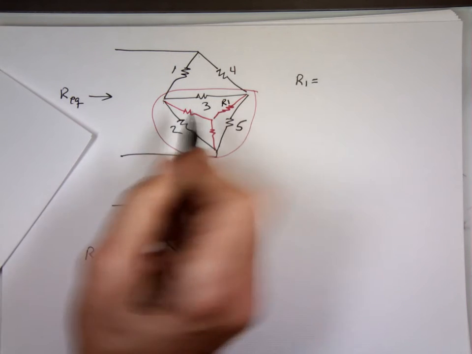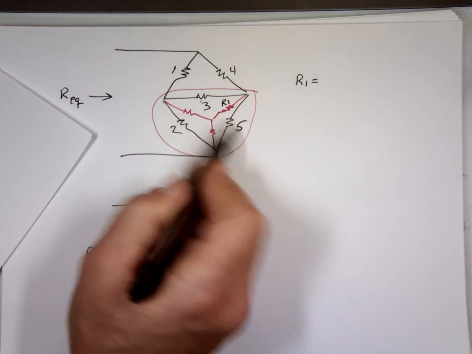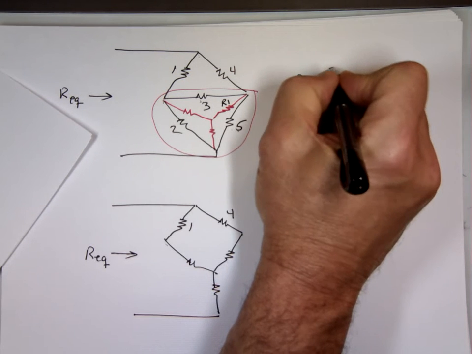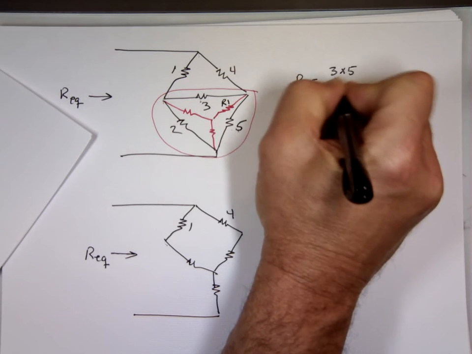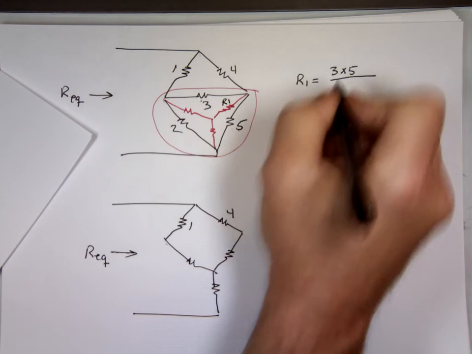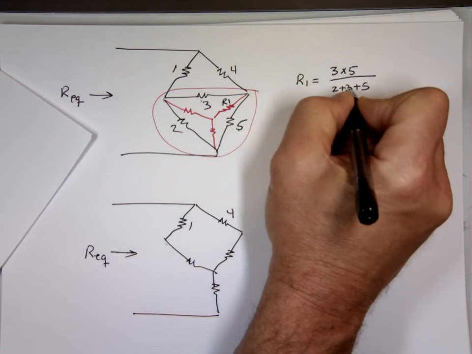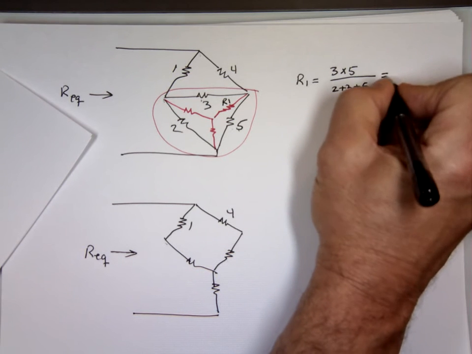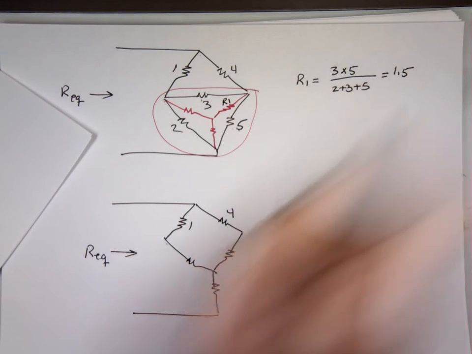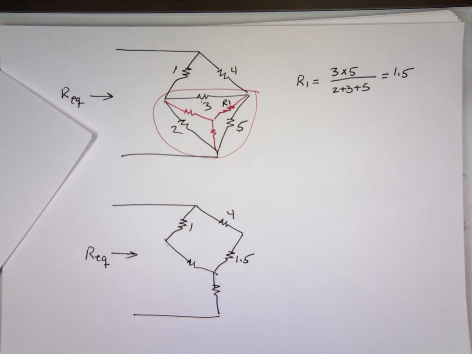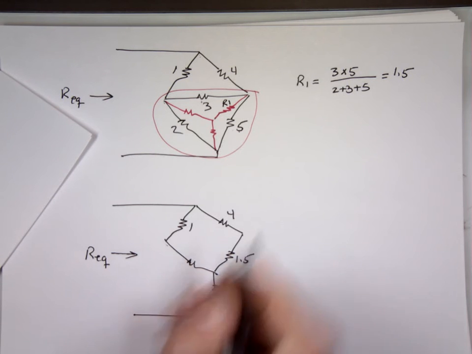R1 is going to be what? The product of the two adjacent, which is 3 times 5, over the sum of all three: 2 plus 3 plus 5. That's a 10. 15 over 10, which is 1.5. This one is going to be R sub 2.